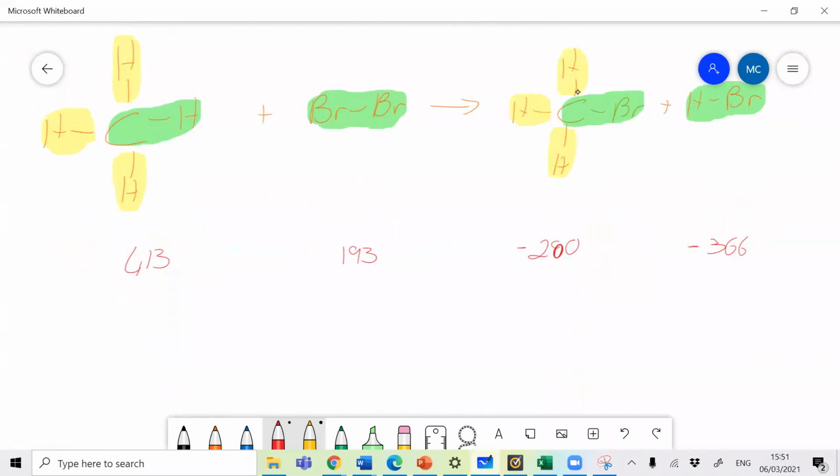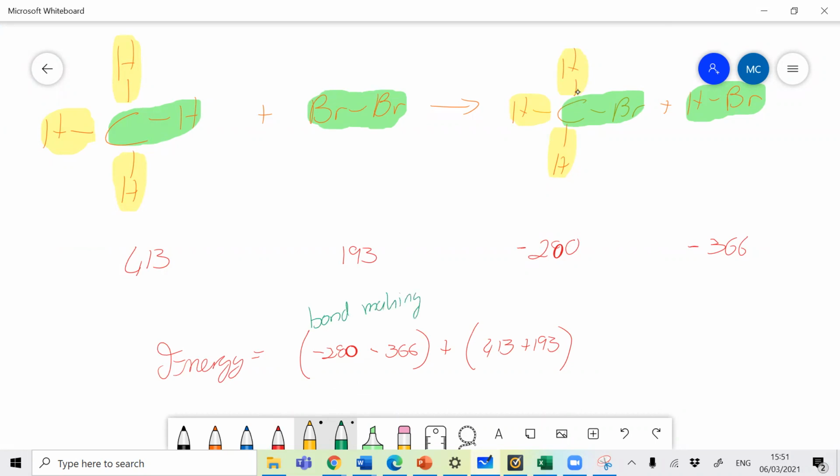Okay, so if we were to do energy equals minus 280 minus 366 plus 413 plus 193, okay? So this would be bond making and bond breaking.